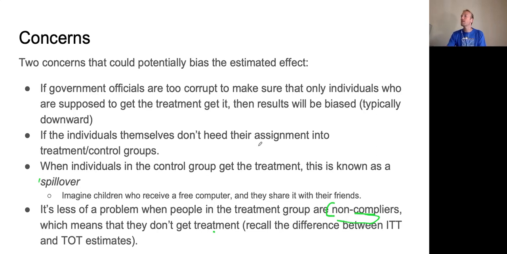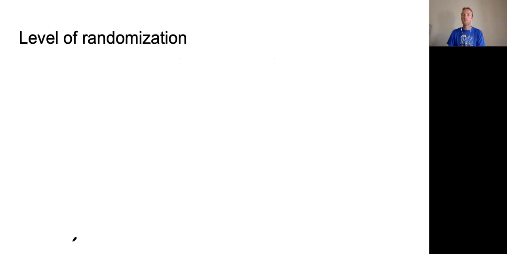This is not a problem because this only affects the ITT estimate. We will still get a correct treatment on the treated estimate, as long as we know who didn't actually get treatment. We're like, hey, you were in the treatment group, but you didn't get treatment. Well, for my treatment on the treated estimate, I'm going to exclude you. I'm only going to look at the people who actually got treated, okay?